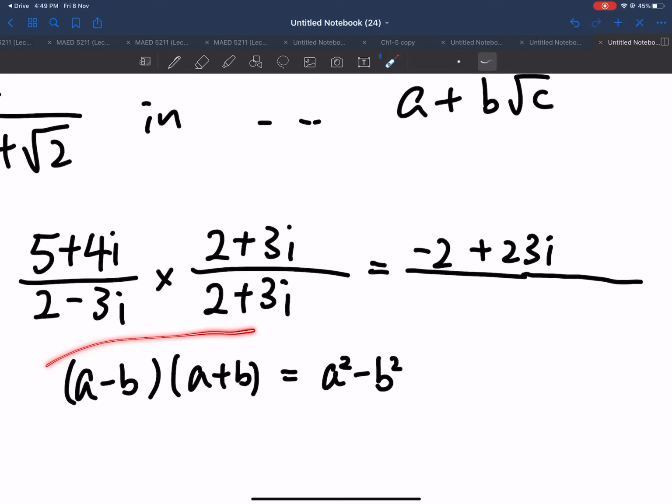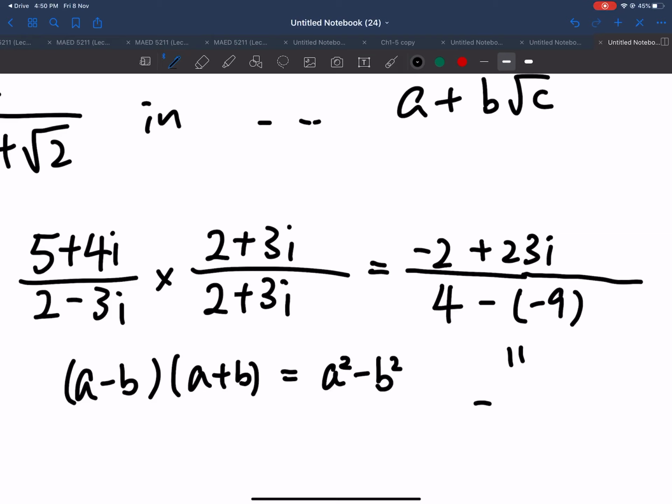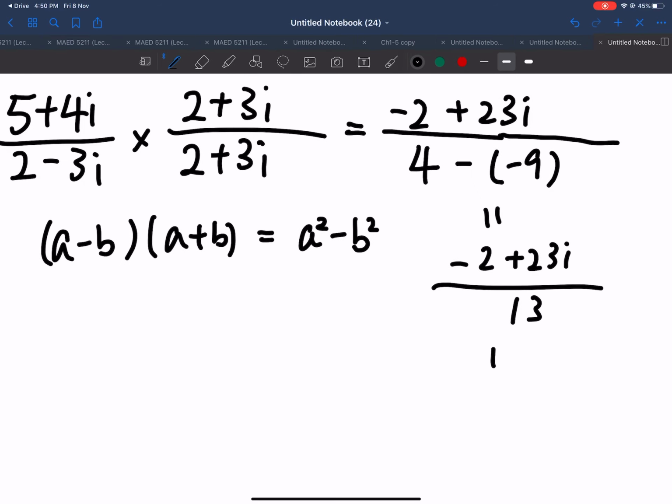Do you still remember this formula? So at the bottom, you get 4 minus 3i all squared. That's negative 9. So the final answer is negative 2 and this is 2.